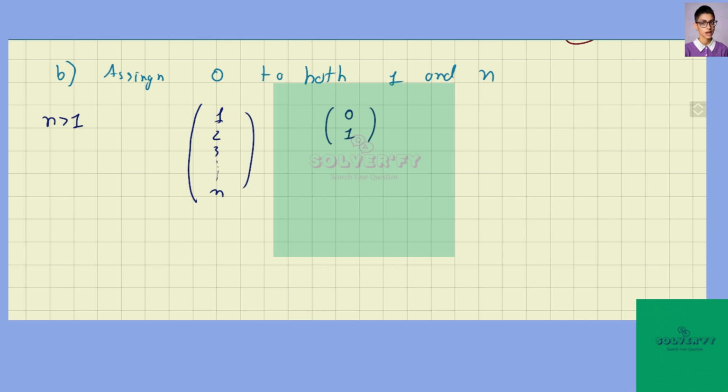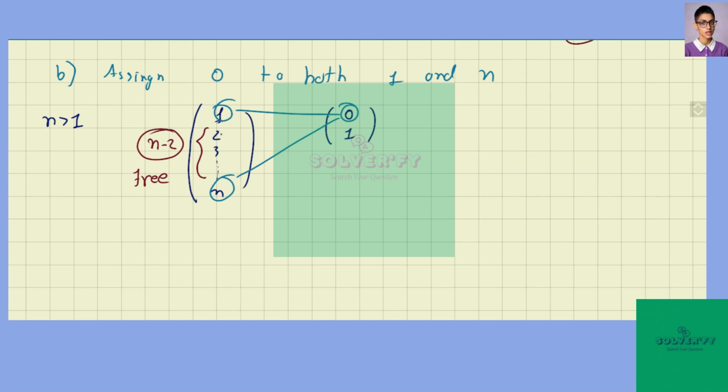Here the value 0 is going to be assigned to 1 and to n, and we end up with the remaining n minus 2 elements that are free of choice.